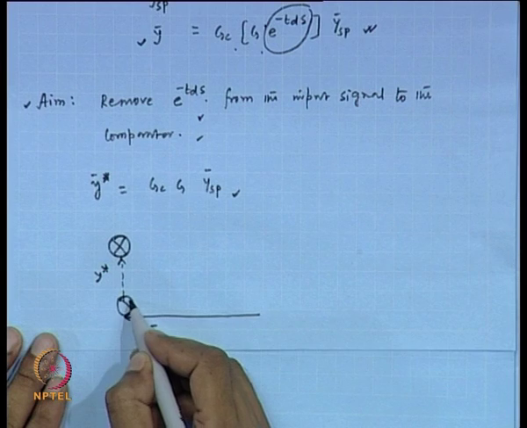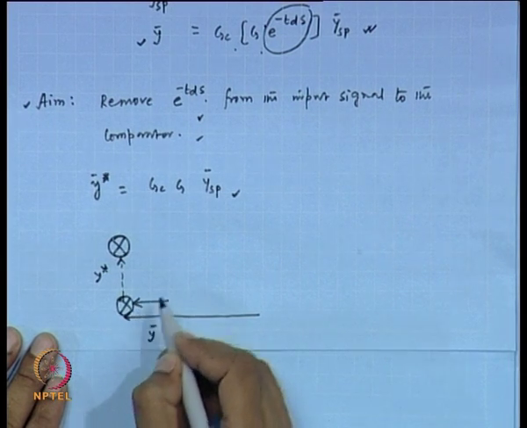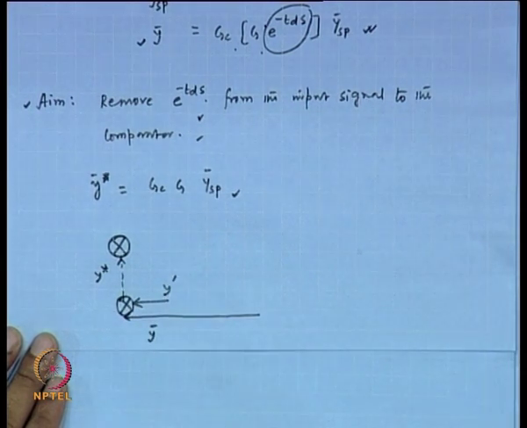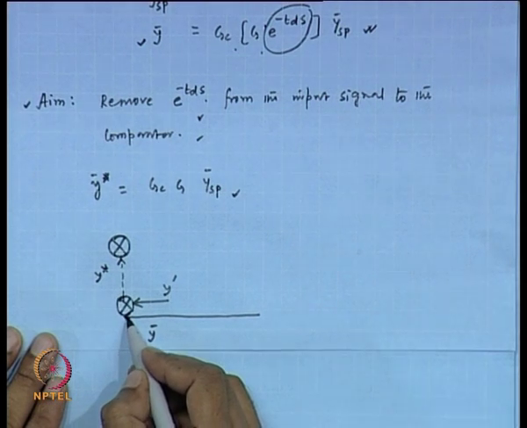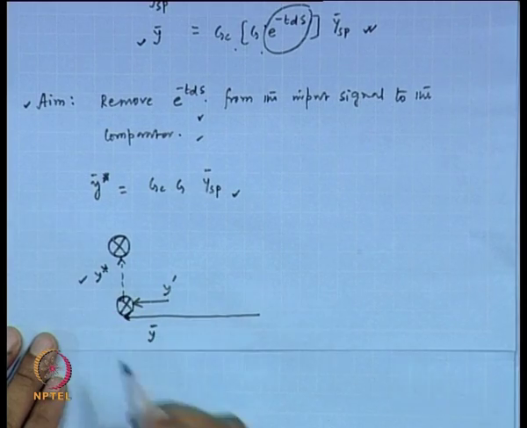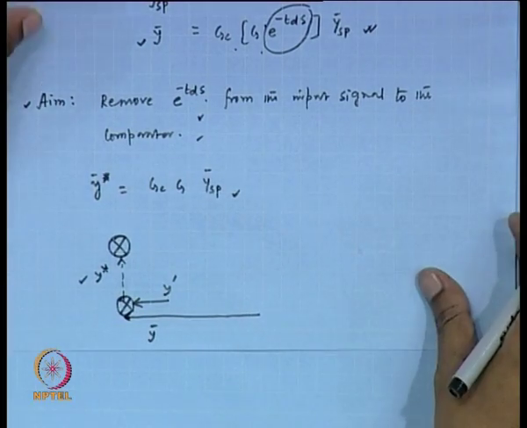We are just adding something with this y bar so that we can obtain y star. Anyway, I am just drawing this figure.